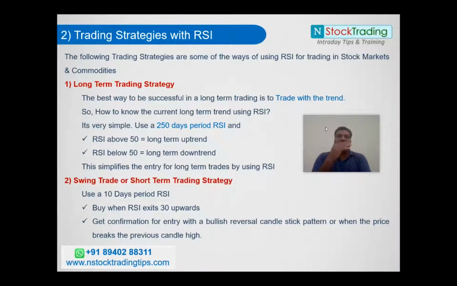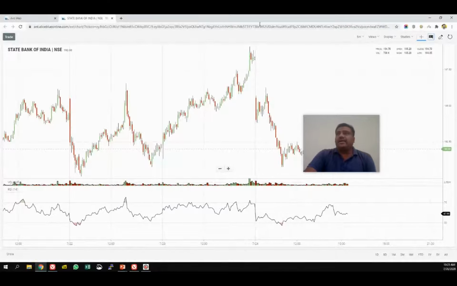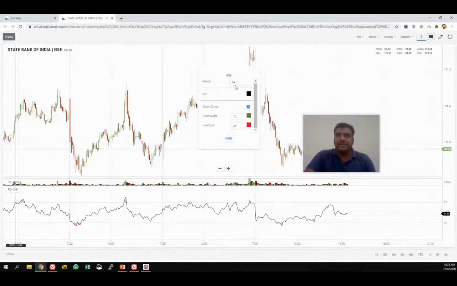And any current RSI value below 50 means it's in a long-term downtrend. So how do we use this? The best way to trade long-term is to trade with the trend. So if there is an uptrend, you definitely have to enter and buy at that time. I'll show you how to find the long-term trend using RSI 250. I'll just change this to 250.